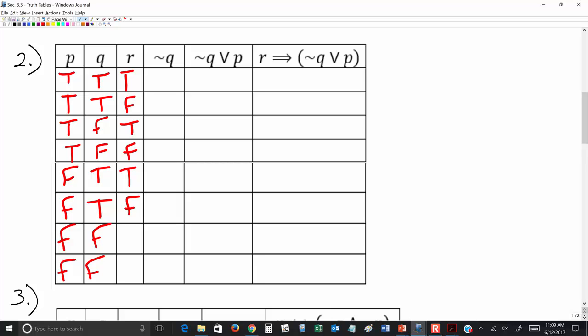You mean that many rows? I'm sorry. Yeah. I'm sorry. Thank you for telling me, but I guess there's nothing I can do about it at this point. Sorry about that.